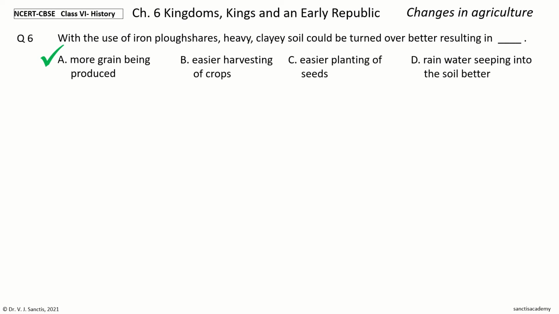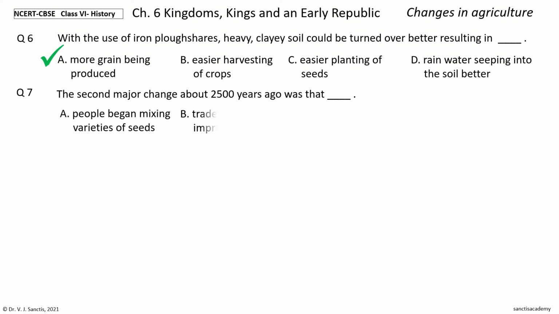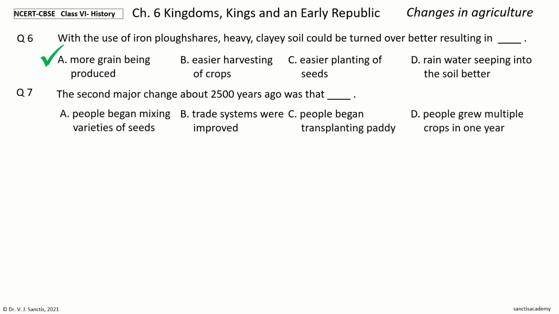produced. Question 7. The second major change about 2500 years ago was that dash. The options are people began mixing varieties of seeds, trade systems were improved, people began transplanting paddy, people grew multiple crops in one year.